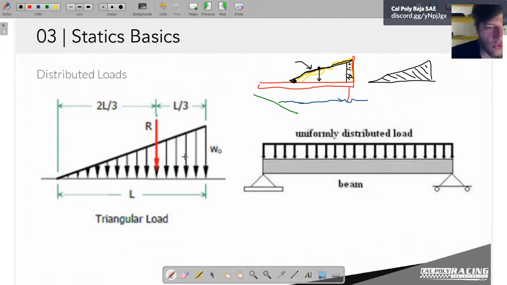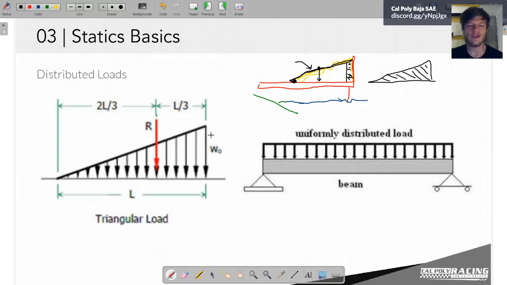It's called resolving the load as something else. We're going to essentially create something that has the same results in our equations that this distributed load would.